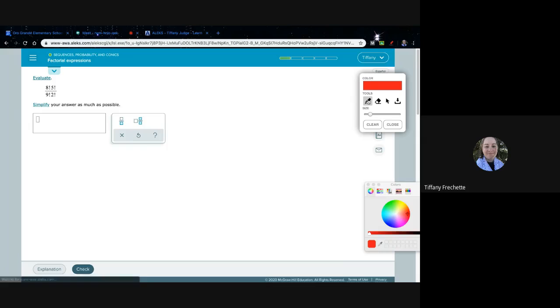Next. Okay, so now if I think about what I just did on the last one, I had 7 on the top and I had 8 on the bottom. And everything from the smaller one canceled with the bigger one. So if I know I'm going to count down from 8 on the top, I already know I'm going to cancel with everything from this 9 here.